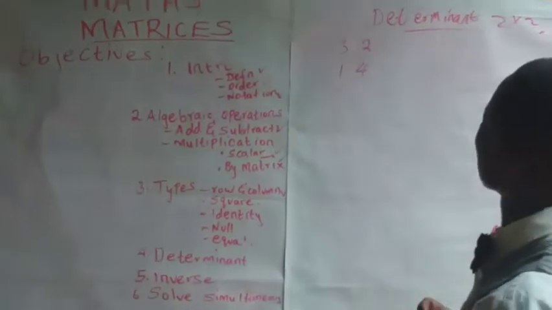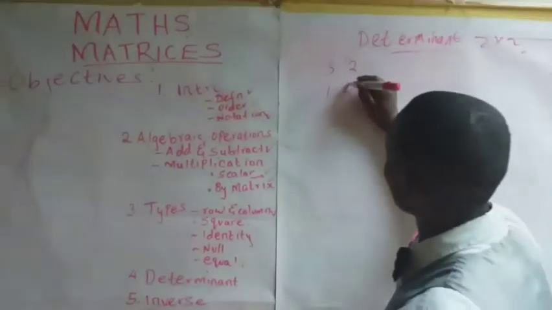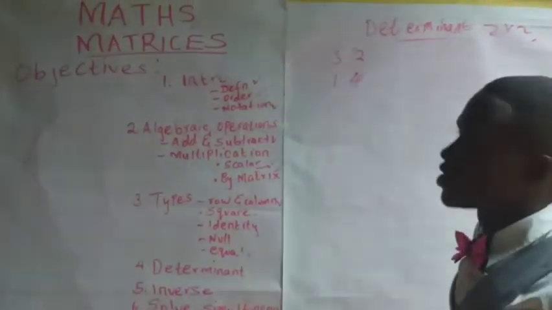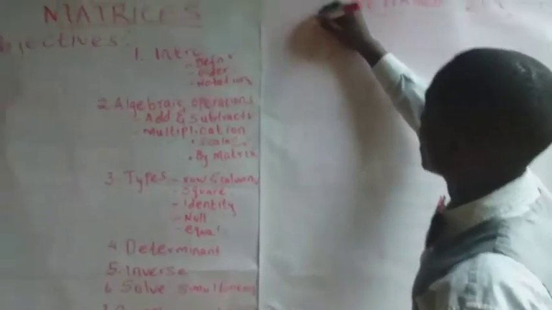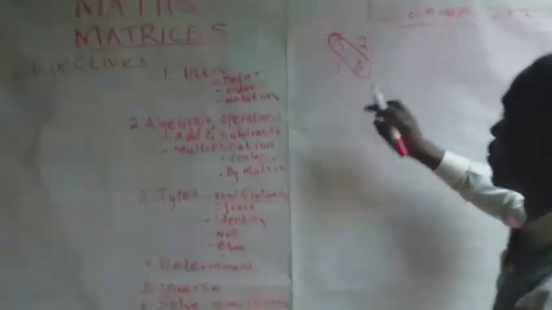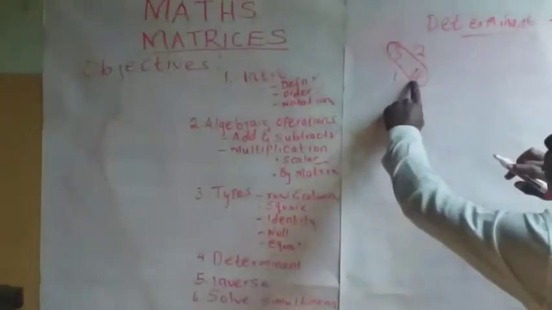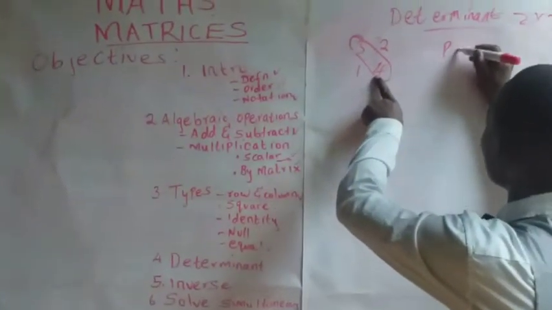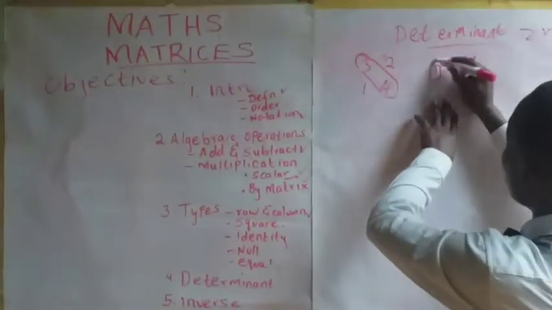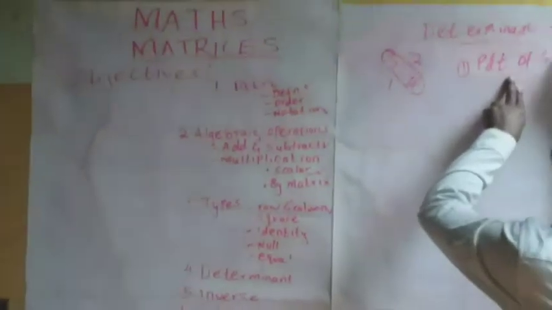This matrix can be used to find the determinant. If you want to find the determinant, you take the elements in the leading diagonal, that is 3, 4, and multiply them. The first step is to find the product of the leading diagonal elements.